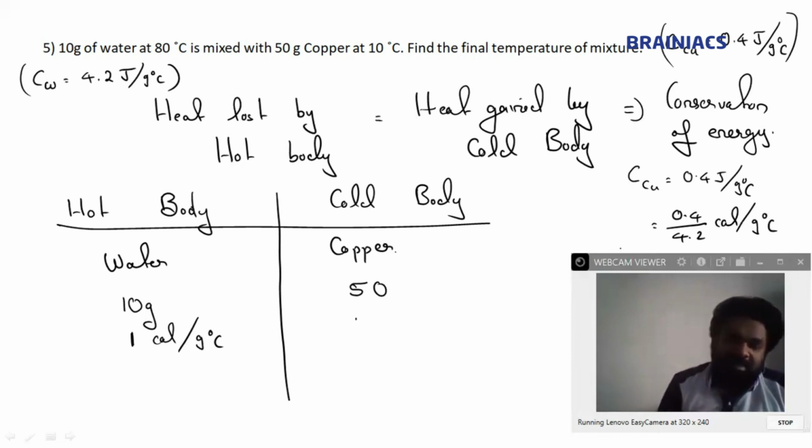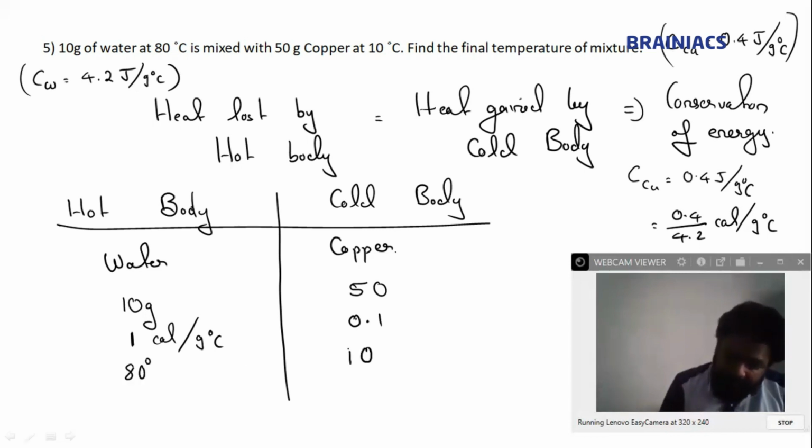Slightly less than 0.1 will come, but I will take just 0.1. Just a small compromise in the approximation, but it should not make much difference. Then temperature of hot body is 80 and temperature of cold body is 10.